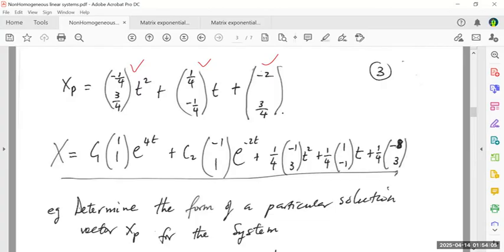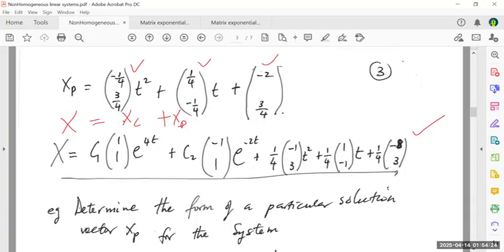And we then come back here and say x in general is the complementary vector solution plus the particular vector solution, xp.